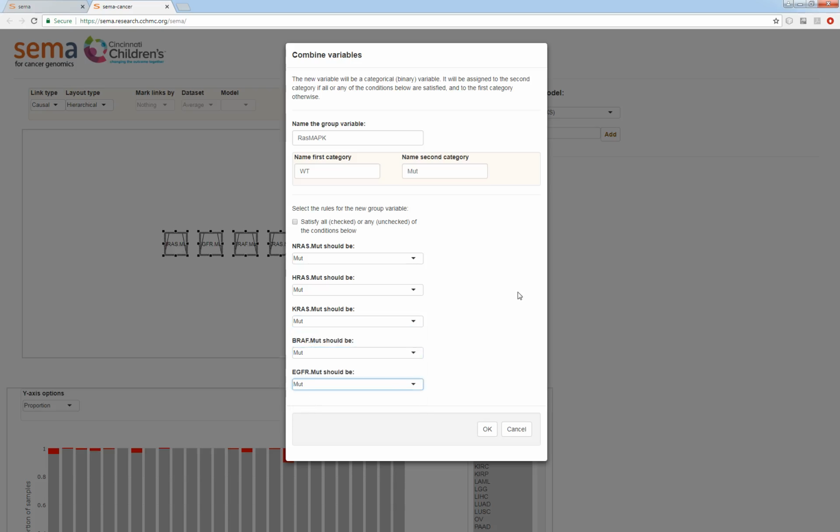Now basically, if any of these are satisfied, if a sample has mutations in any one of these genes, it's going to be put in the category mut. If none of these are true, or if the sample is wild type for all these genes, it's going to be wild type.